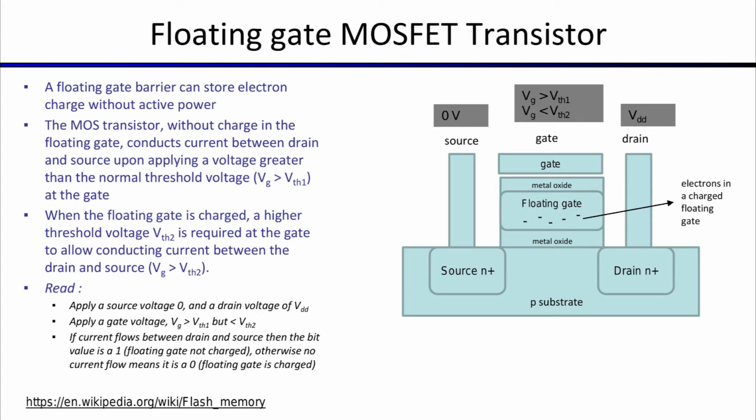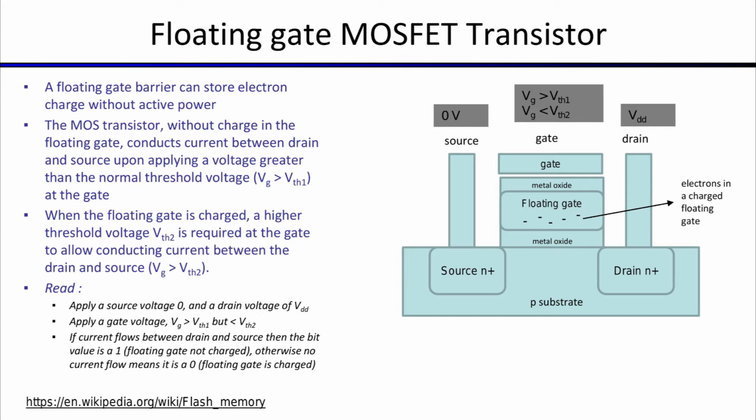And that property, that now you have to apply a greater voltage to allow this conducting layer to come between source and drain, is used in identifying whether the floating gate is charged or not, or whether it is a 0 or 1. So now when the floating gate is charged, you can assume that it is 0, and when the floating gate is not charged, you assume that it is a 1.